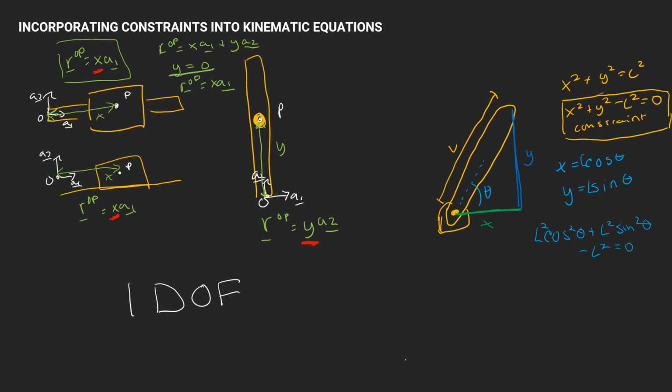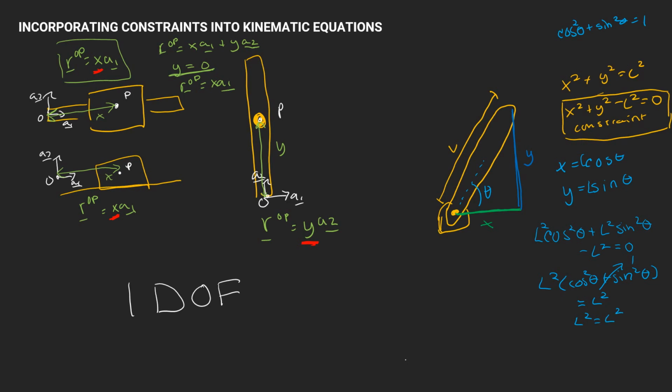You should remember the identity cosine squared theta plus sine squared theta is equal to 1. So we can pop out the L squared, and that just goes to 1, and now we've satisfied that constraint: L squared equals L squared.